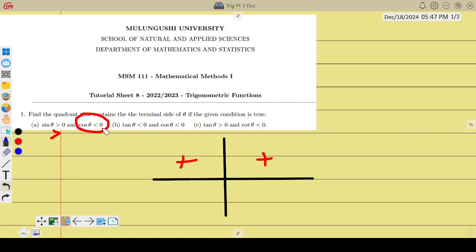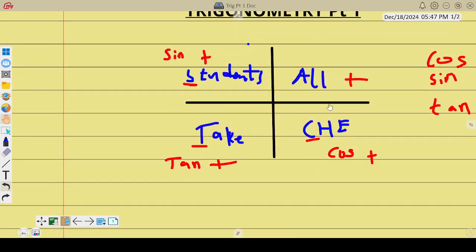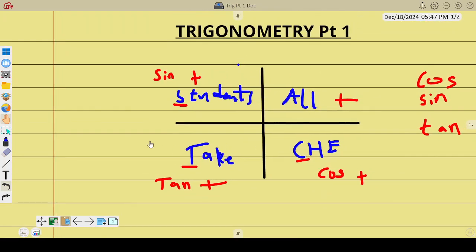For you to know where it's negative, you first have to know where it's positive. So let me take you back to where we're coming from. We said cos theta is positive here in the fourth quadrant.